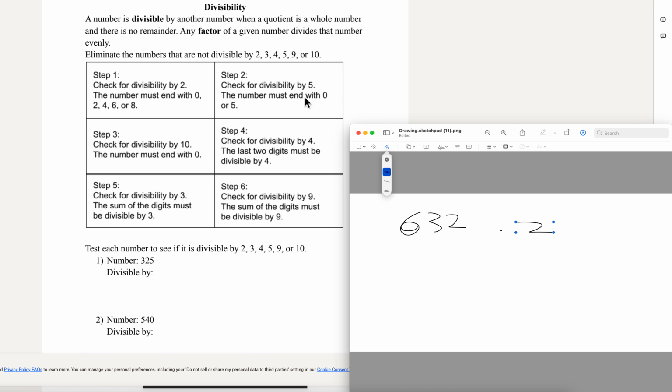It's not divisible by 5 since it doesn't end in a 0 or 5. For divisibility by 4, 5 divided by 4 is not a clean cut, and neither is 11 divided by 3, and 11 divided by 9 isn't really a clean cut, so 2.